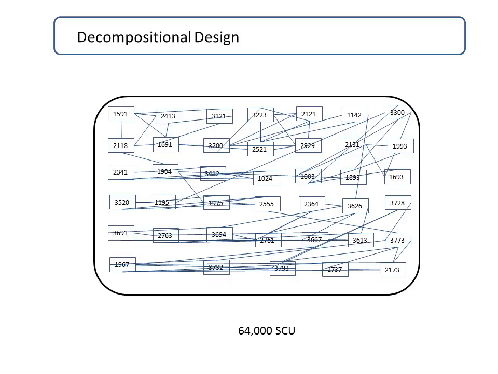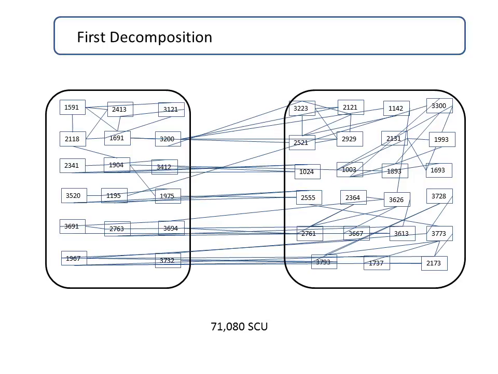So let's consider complexity in the decompositional equation. Here we have a large, undifferentiated system that starts out with a complexity of 64,000 SCUs. When we finish our first decomposition, we end up with two smaller pieces. Each one of those smaller pieces has many fewer functions than we started out in the large, undecomposed piece.